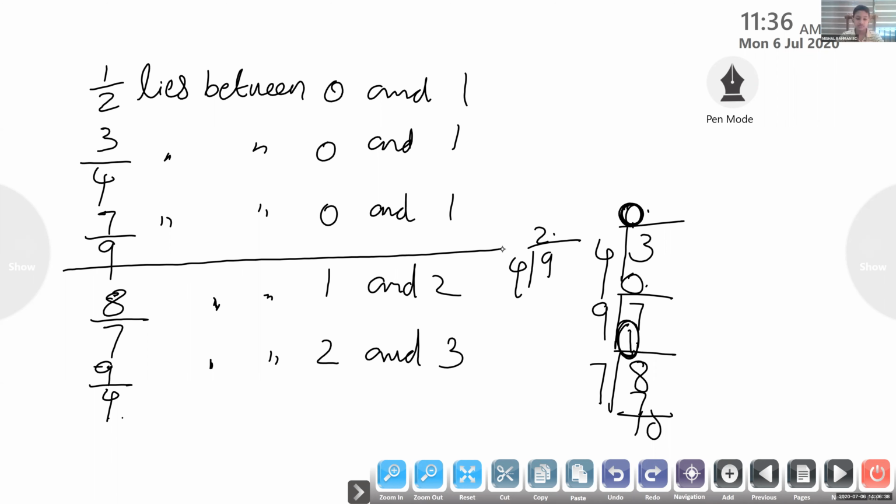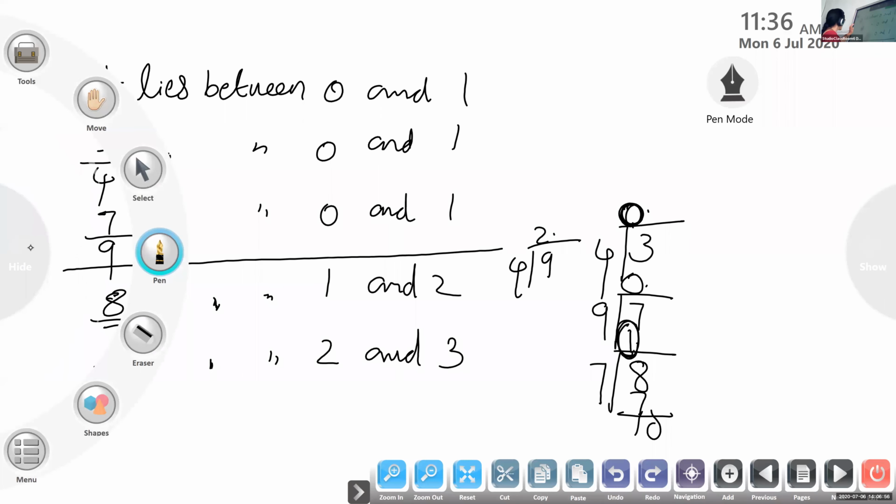Ma'am, should I write this in the notes? Yes, okay, I will write on the board. When the numerator is less than the denominator, those rational numbers lie between 0 and 1.